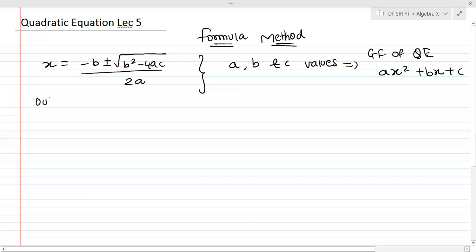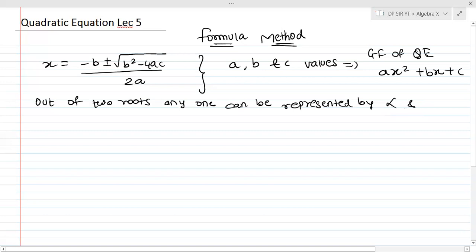So out of two roots, any one can be represented by alpha, and the other by beta. ठीक है.